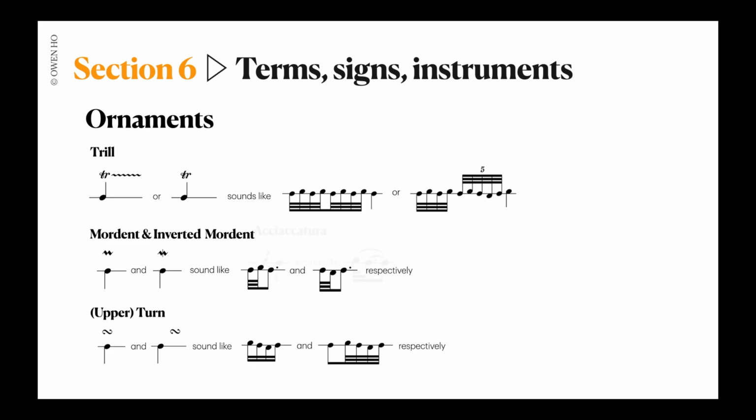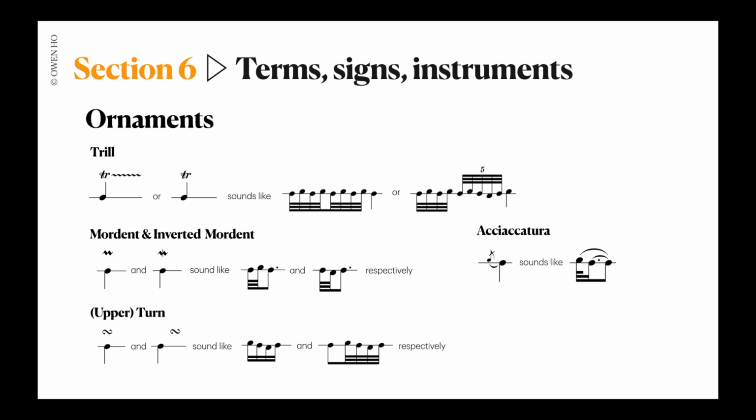Next, we have the ornament called the acciaccatura, and it's also called the grace note, and is represented by a smaller note head with a line through the tail, and is to be played as quickly as possible. That means when you see an acciaccatura, you have to play the small note as quickly as possible before playing the main note.